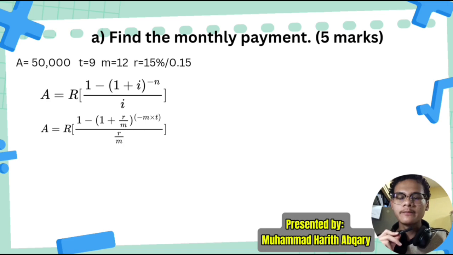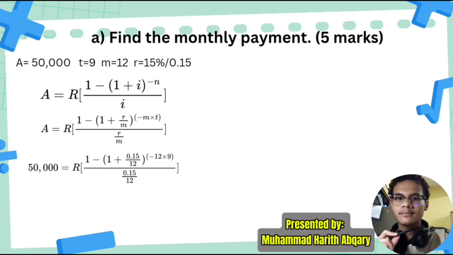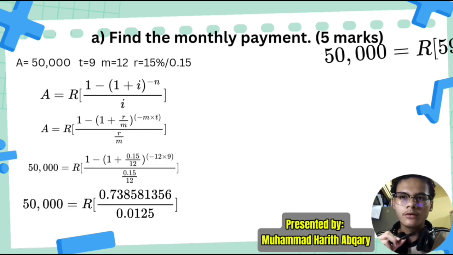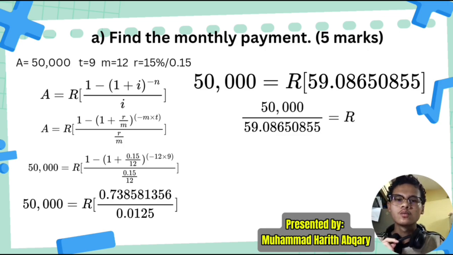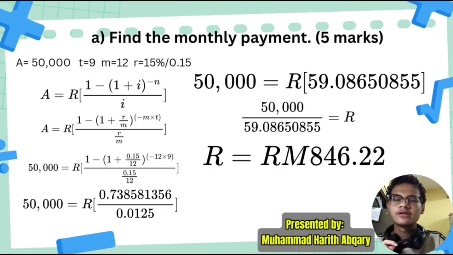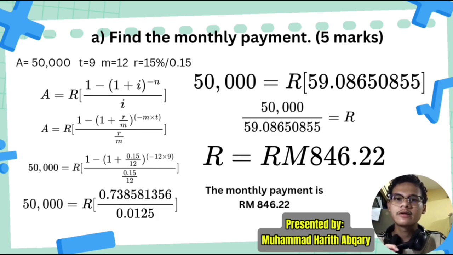The formula for i is r divided by m, and the formula for n is m times t. After we have used the formula, we must use the number that we have calculated to the opposite side. After dividing, we will receive R, which is RM 846 ringgit and 22 cents, which is the monthly payment.